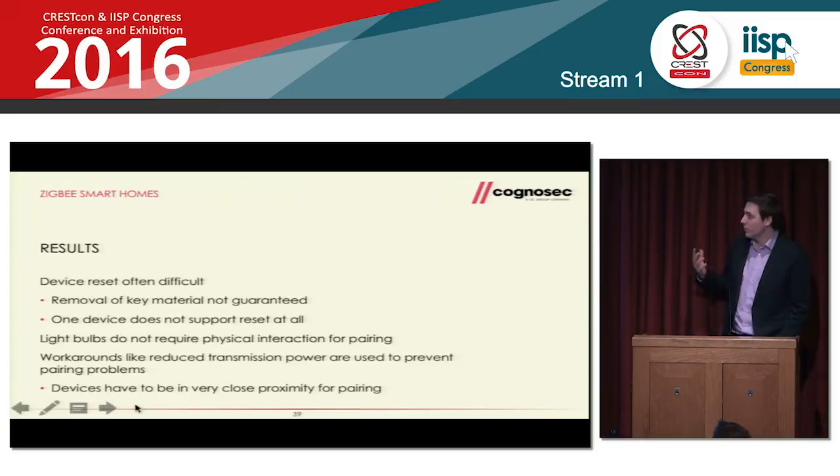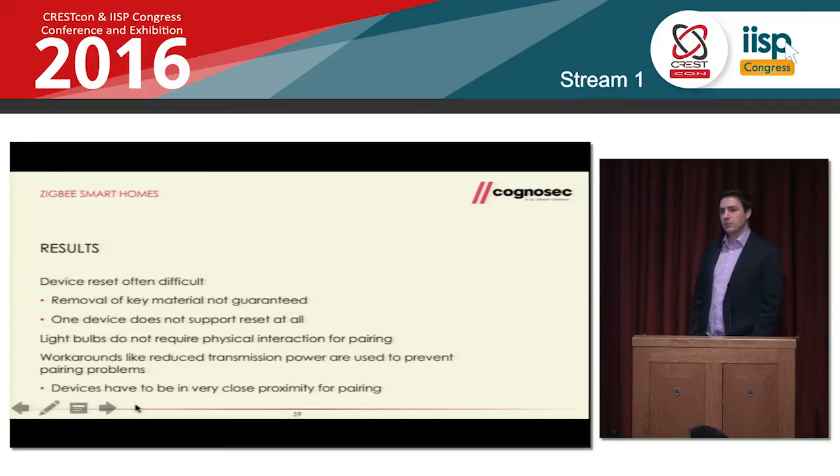So we broke one smart home gateway during our research, and we didn't manage to reset it again because there was no button. It's just a soft reset using the support from the cloud and whatever, but it didn't work. Also very interesting, the light bulbs don't even require physical interaction for pairing.